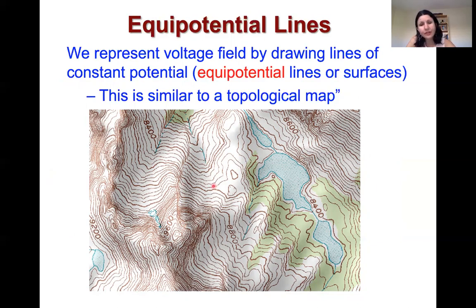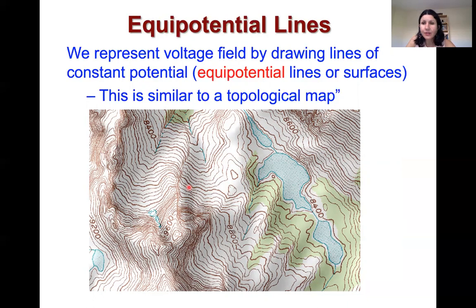If you look at a particular line, it represents a region of constant height, constant elevation. This is like a valley where you're just walking in a straight line. So you can follow where your elevation is not changing.